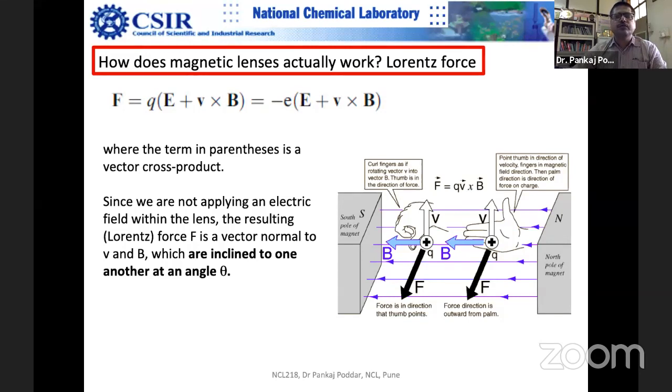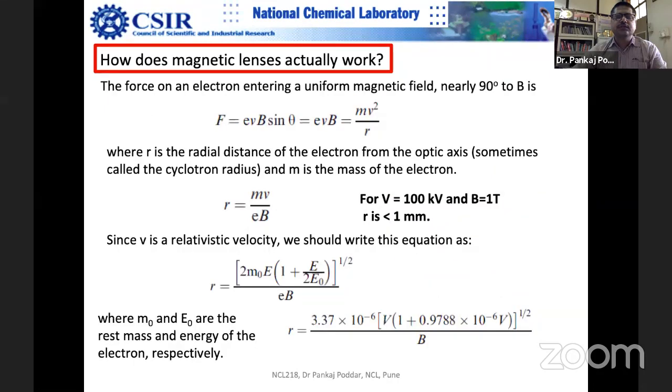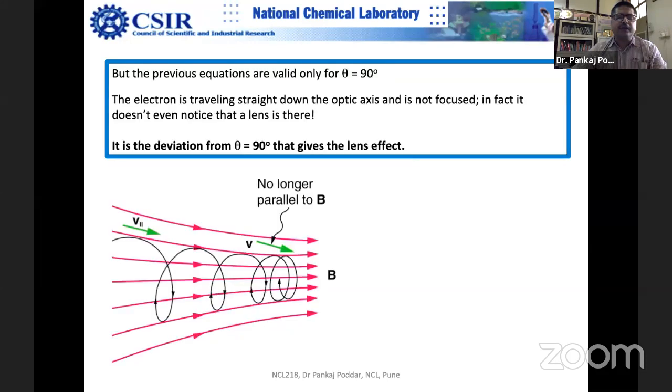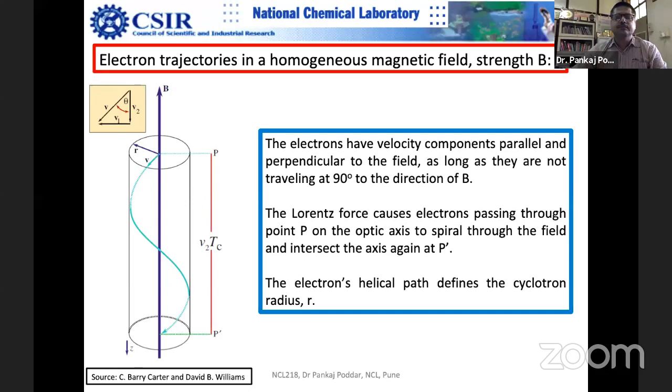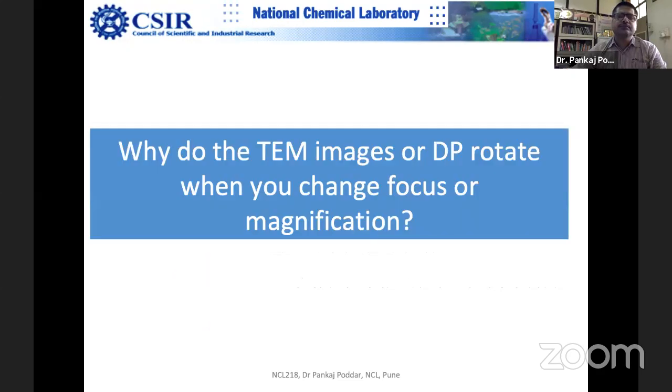So this Lorentz force, the two components, basically decides how the electrons take this cyclotron behavior with the radius r equal to mv divided by eB. This is all described here, the parallel component and the perpendicular component. The parallel component gives the forward push, and the perpendicular component, perpendicular to the magnetic field, induces the circular motion because of the radially outward push.